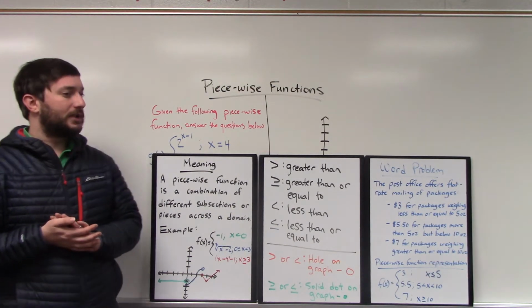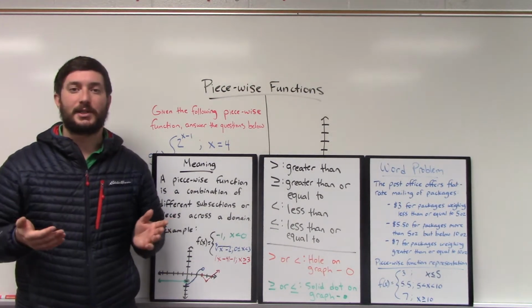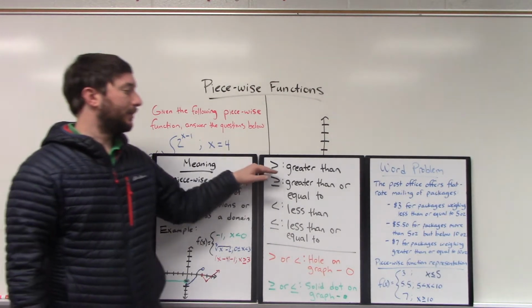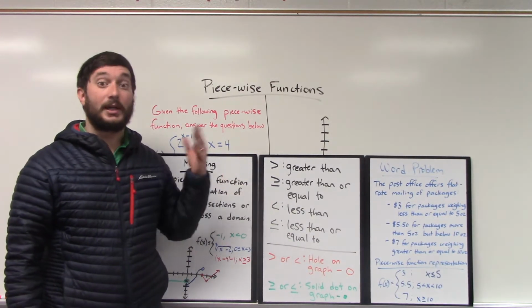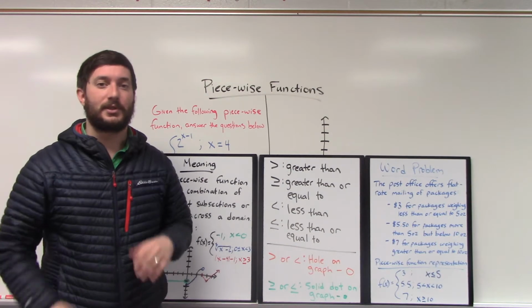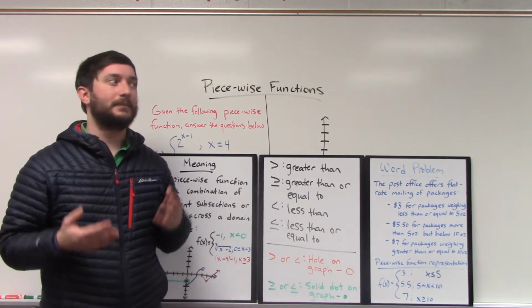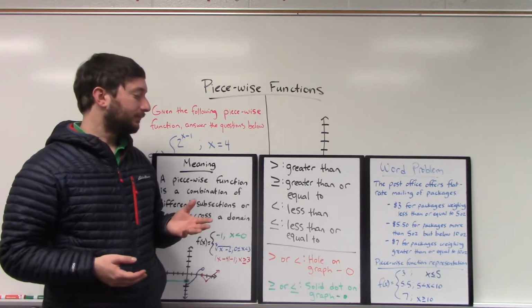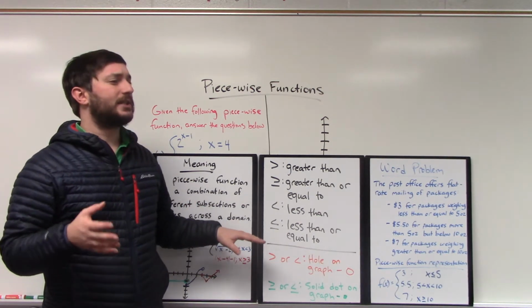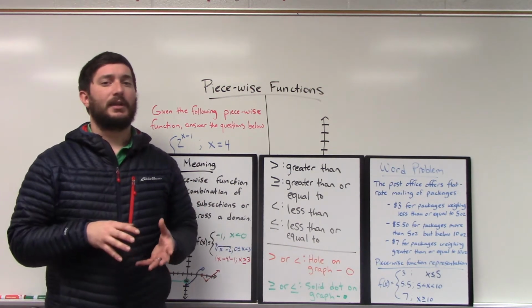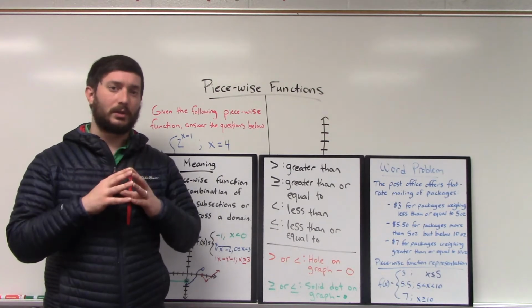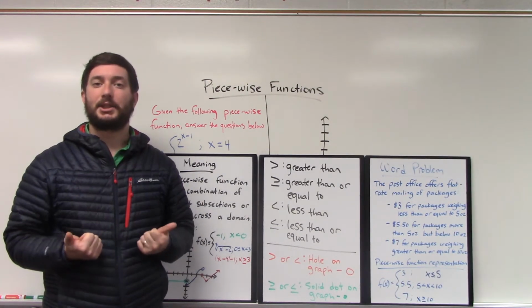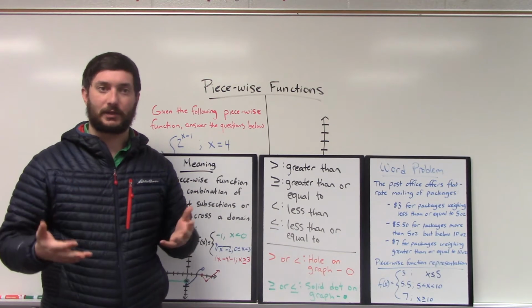What I do want to mention is that for piecewise functions, a lot of what we're going to see involves greater than, or less than, or greater than or equal to, or less than or equal to symbols. If you need a refresher on what those mean, those would be the symbols that you use. Whenever we use these symbols, what we're going to see on a graph is either a hole or a solid dot at the edges of our puzzle pieces, at the edges of our graphs.